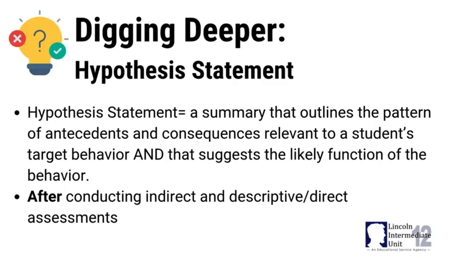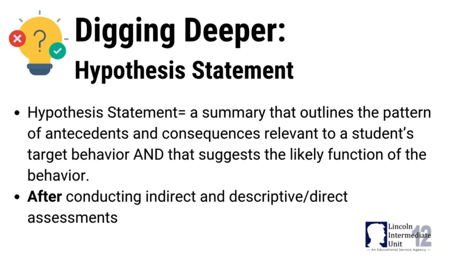And it's going to suggest the likely function beneath the behavior. So there's kind of two components. What do we notice about what happens before the behavior or after that's important to consider? And then also, what is the underlying function that we would best guess be the function of that behavior?